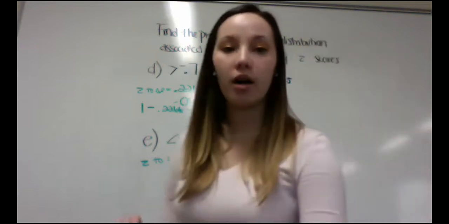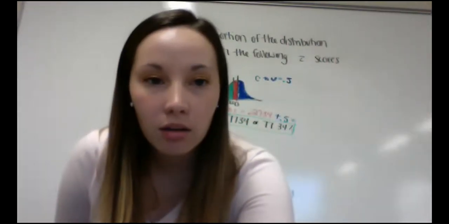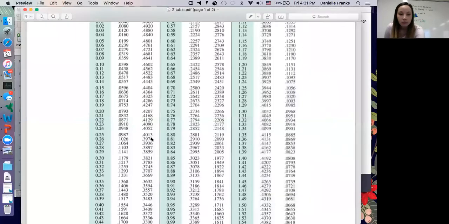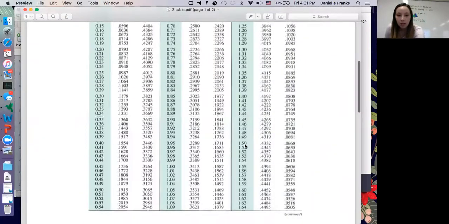So for 1.5, our z to infinity, we found this earlier, but let's go ahead and find it again. 1.5 is our z-score. We're looking at our z to infinity column, which is column C. We see here that our proportion is 0.0668.